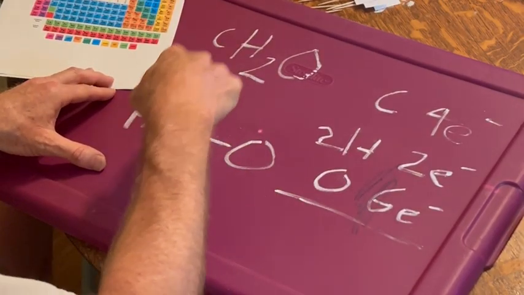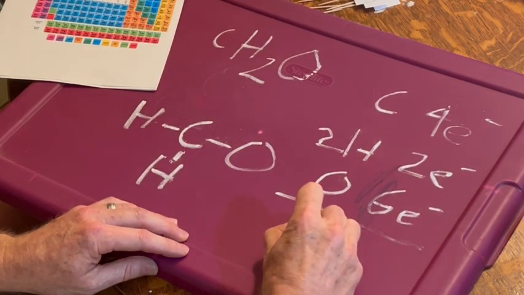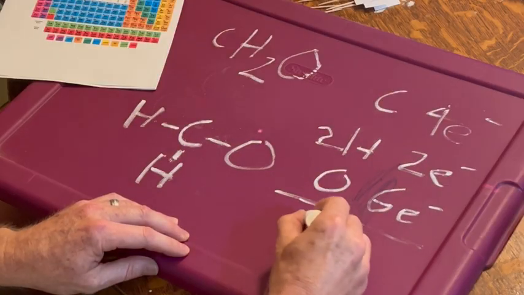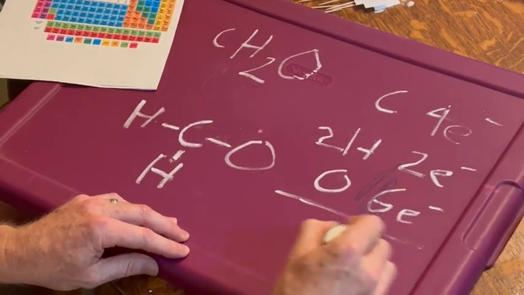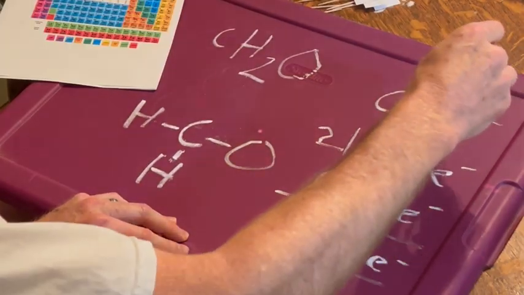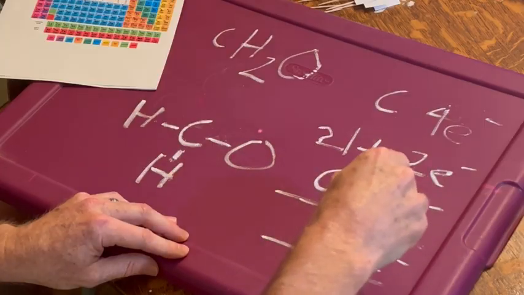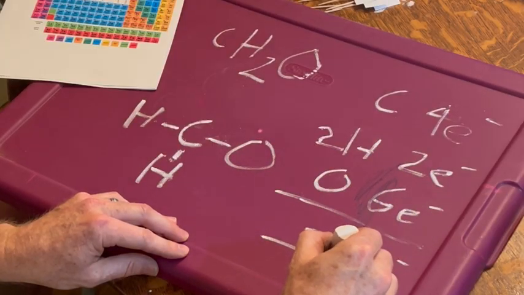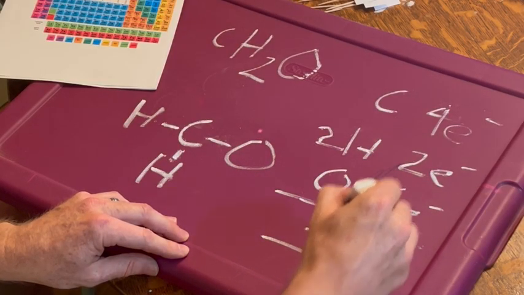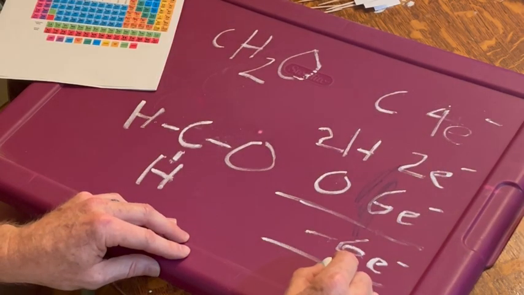That's 2, 4, 6 electrons taken care of. So minus 6 bond pairs, and now we have 4 plus 2 is 6, plus 6 is 12, minus 6 is 6 again.